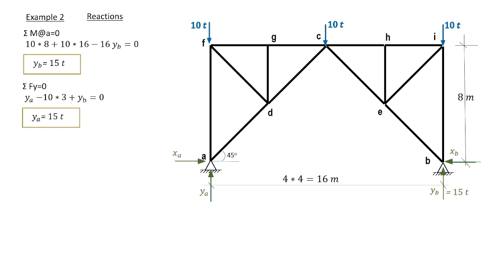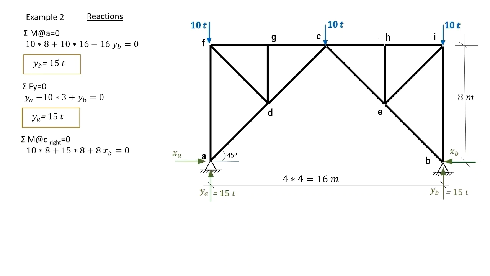This gives YA equals 15 tons as YB is previously computed, and the force is plotted on our diagram. Of course, we could have considered symmetry of the truss and simply conclude that YA equals YB equals 15 tons.